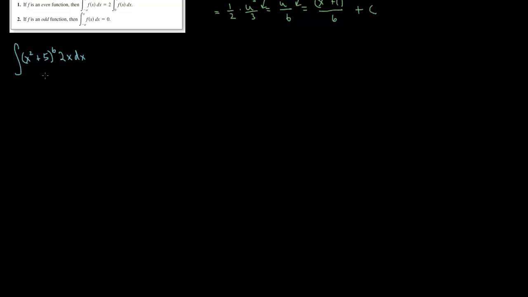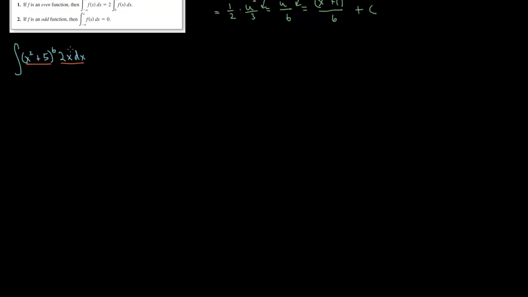Now, you don't have to do a formal conversion here, but it doesn't hurt to write out all your steps. So we could say, okay, look, there is a function x squared plus 5, and there's its differential.